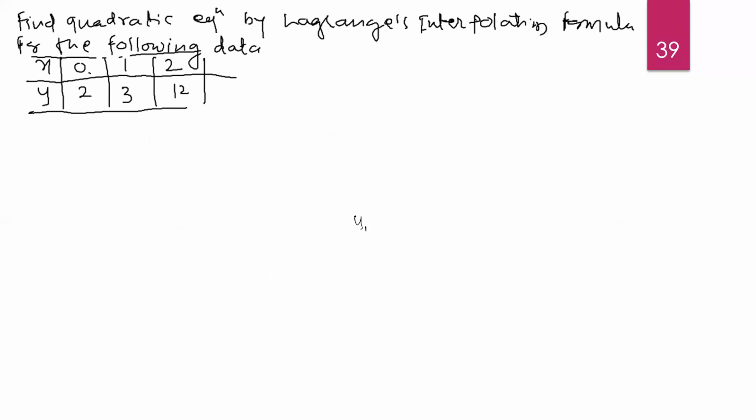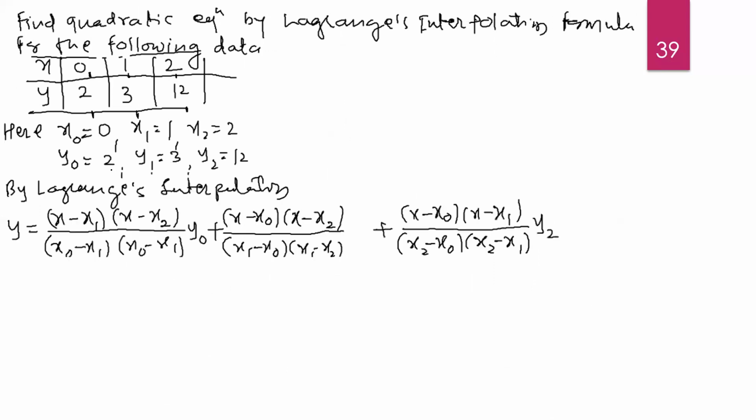This is x0, this is x1, this is x2, and their corresponding values y0, y1, y2. Now see here, by Lagrange's interpolation formula, this is the formula for the 3 points. If there are 3 points, then there are 3 terms.